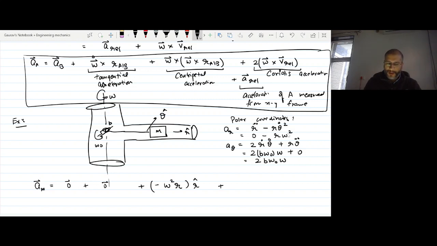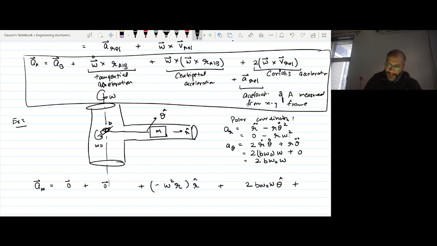Then we have the Coriolis acceleration term. Now V_rel, if you are sitting on the rotating frame, all you see is that the particle goes out. So V_rel is simply a constant which is equal to b omega naught. And when you do omega cross the direction of V_rel, what we get is the theta hat direction. So this is 2b omega naught in the theta direction. There is an omega as well.